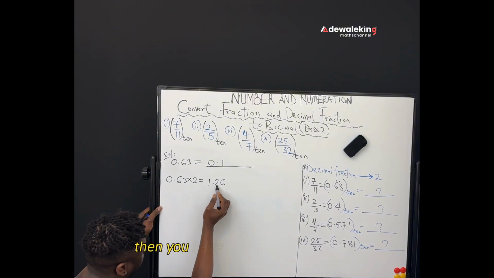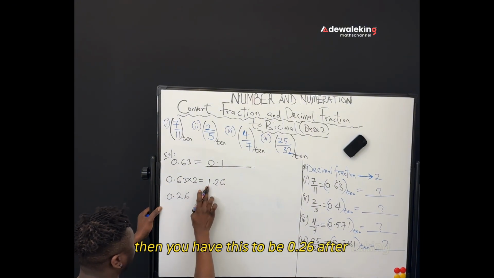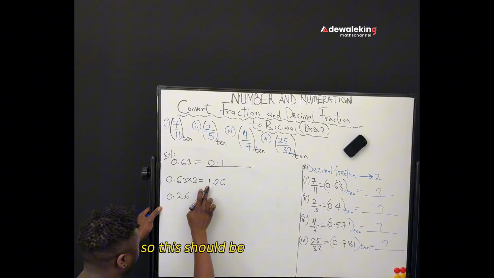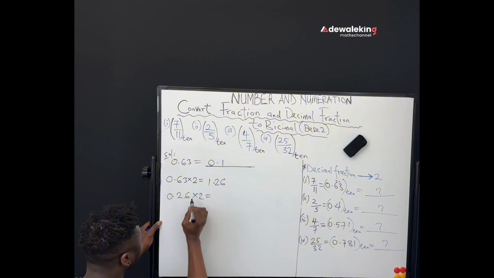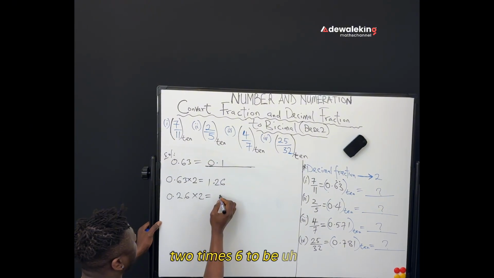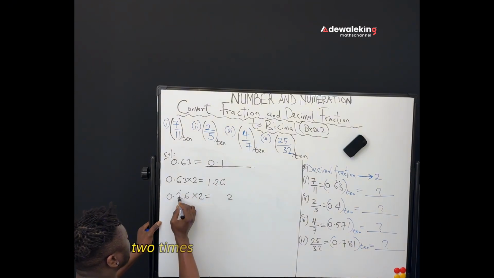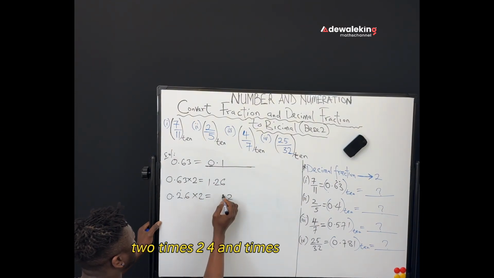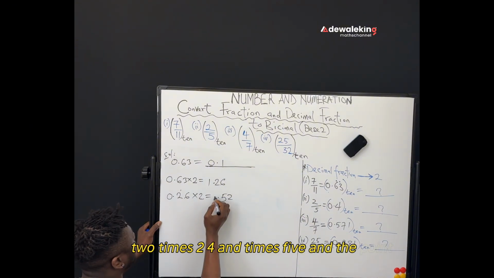Then you have 0.26 after taking this 1. So this will be 0. So you multiply by 2: 2 times 6 is 12, carry 1. 2 times 2 is 4, then that is 5, and 0.0.